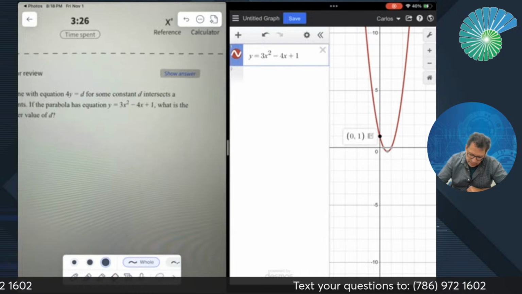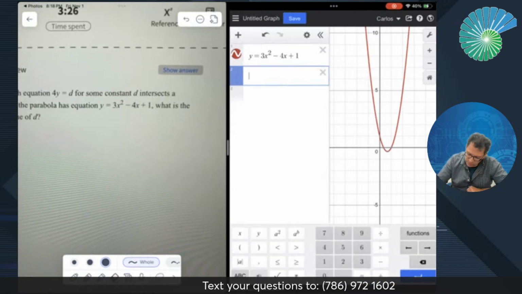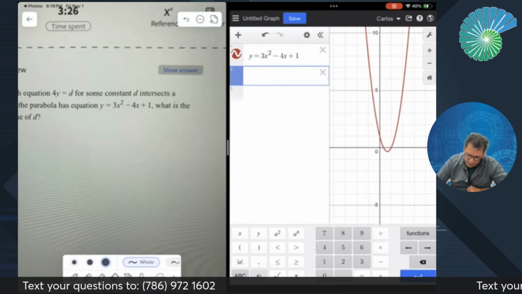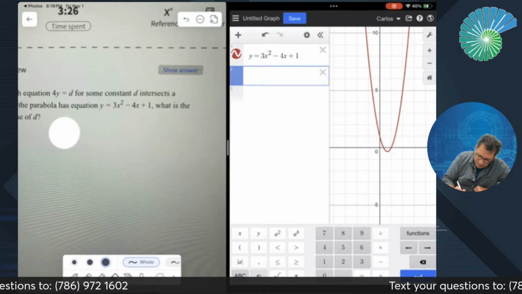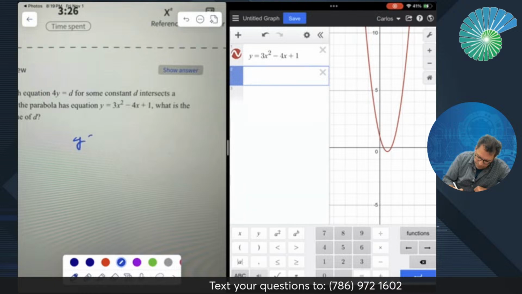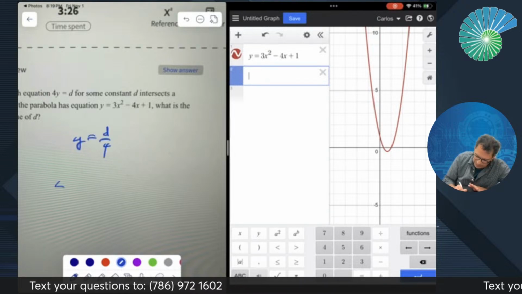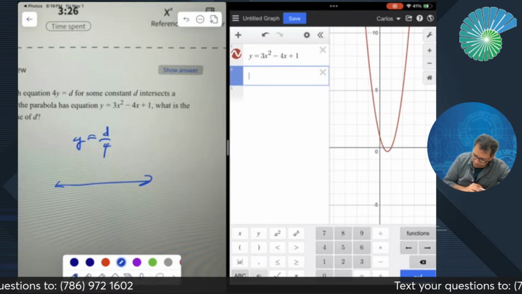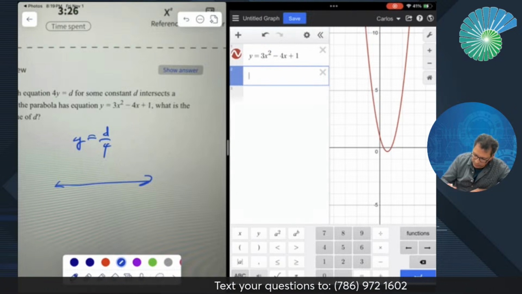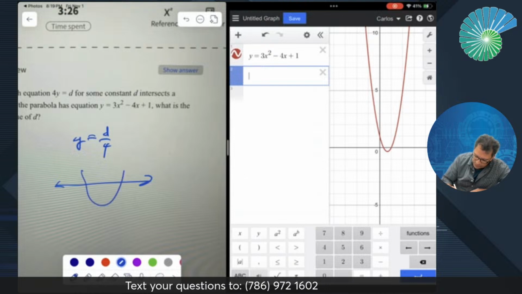And then the second equation is a line. If you remember, if you divide by 4, you get this, right? That is a horizontal line, and it says that it will meet that parabola twice.